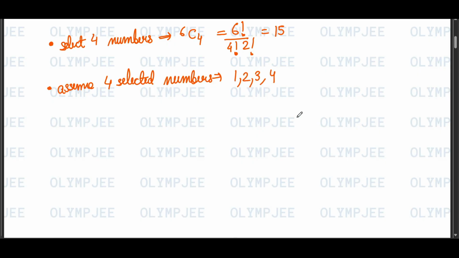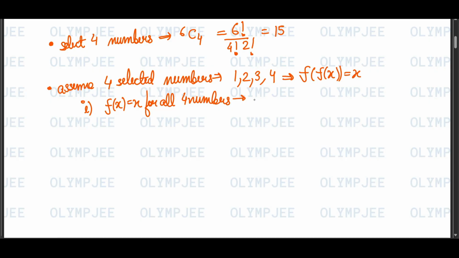So these will be satisfying the condition that f of f of x is equal to x. So there will be 3 cases total. Either each number maps to its own number in the range. So that will be f of x is equal to x for all 4 numbers. So this has only one case.